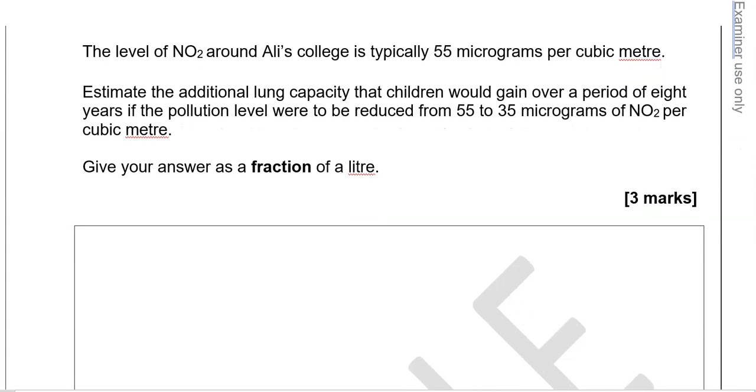The level of NO2 around Alice College is typically 55 micrograms per cubic meter. Estimate the additional lung capacity that children would gain over a period of 8 years if the pollution level were to be reduced from 55 to 35 micrograms of NO2 per cubic meter. Give your answer as a fraction of a litre.